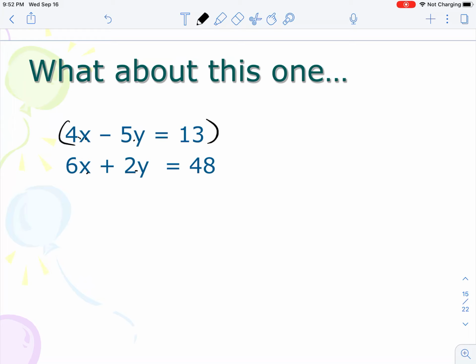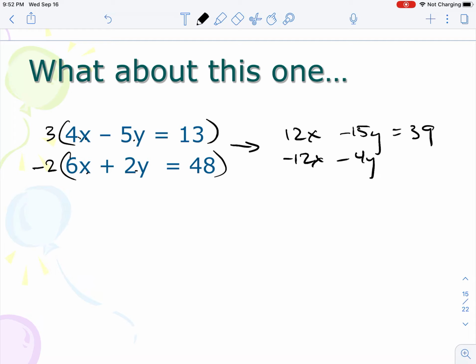So if I multiplied this by 3 and this one down here by negative 2, here is what ends up being my system of equations. I end up with 12x minus 15y equals 39, and negative 12x minus 4y equals, I think that's negative 96.